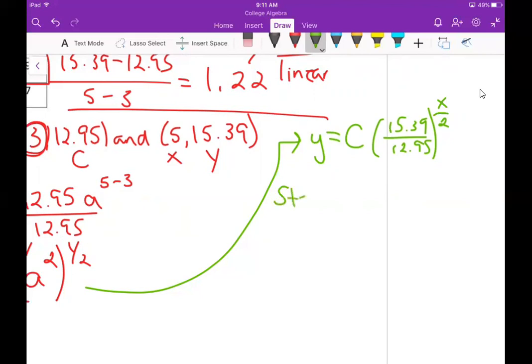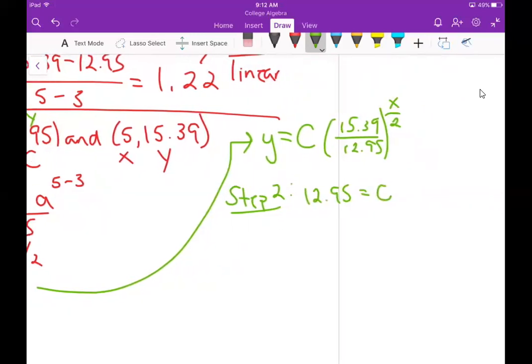Okay, so I'm going to move on to step 2 here. I'm going to plug in x is 3 and y is 12.95. So 12.95 equals, c is what I'm looking for, times 15.39 over 12.95 to the 3 over 2.